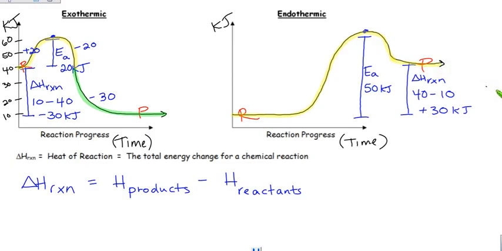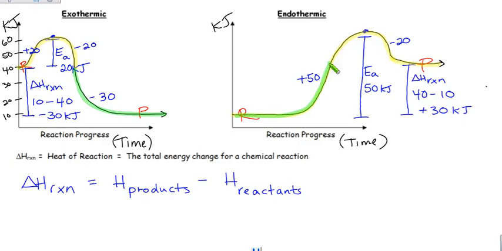If you think about it, here I had to add 50, and then maybe I get 20 back when the new bonds form. But there's still a net gain of 30 kilojoules. So that's your overall energy change for the reaction.